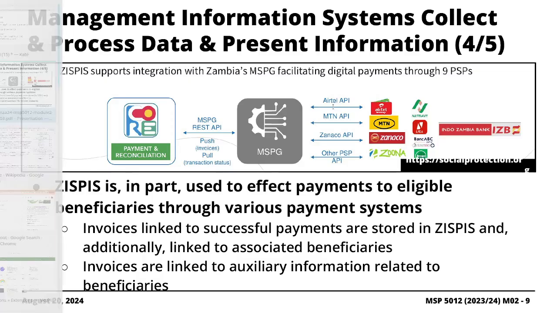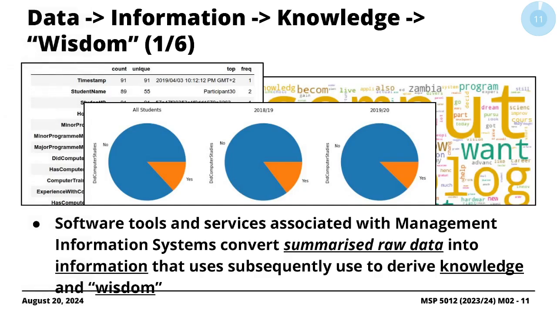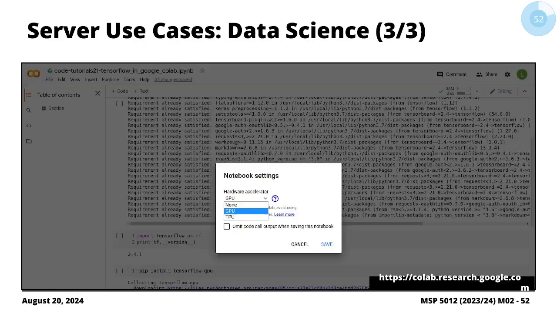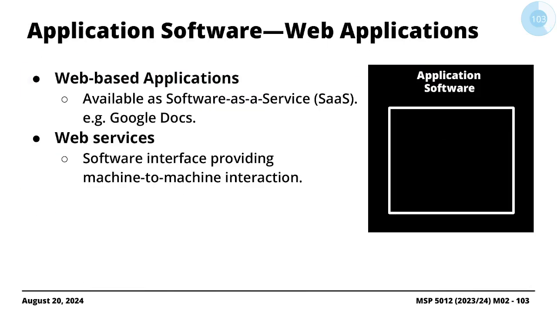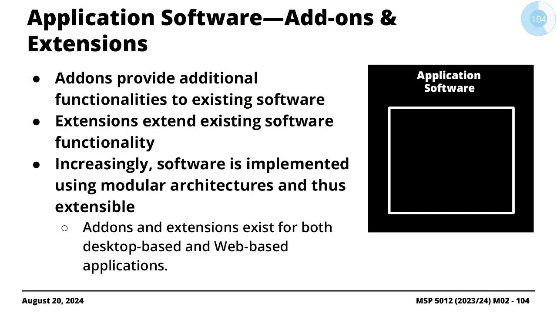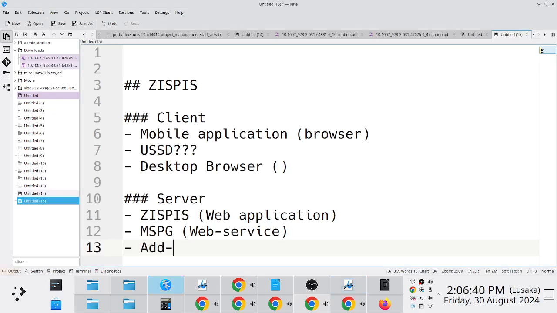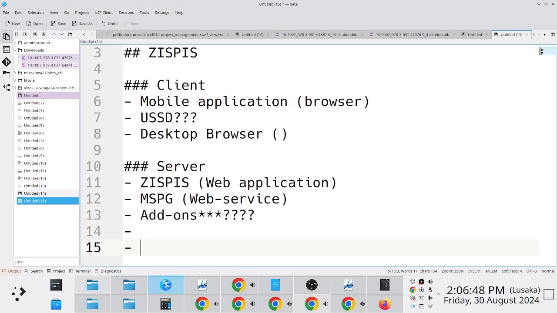Anyways, and then also if we look at things like, let's see if we can go through all the different types of application software we're discussing here. So as web applications, add-ons. I don't know here, right? I would only be speculating here. I know this piece is built using a modular architecture, so we could say maybe, but I can't think of a specific add-on that's associated with this piece.